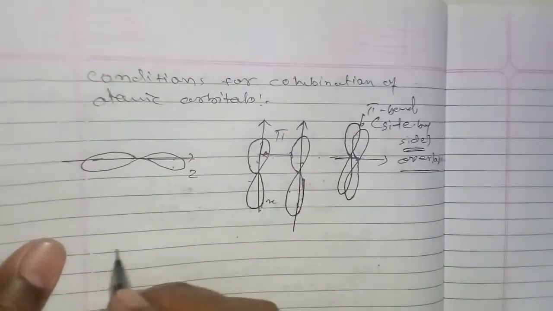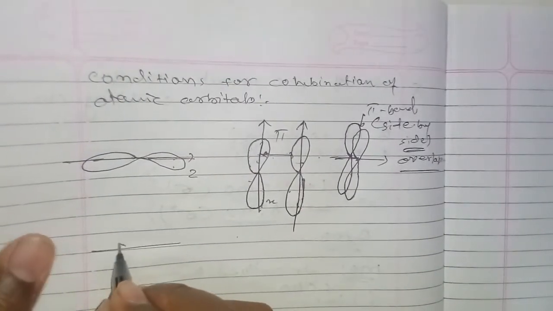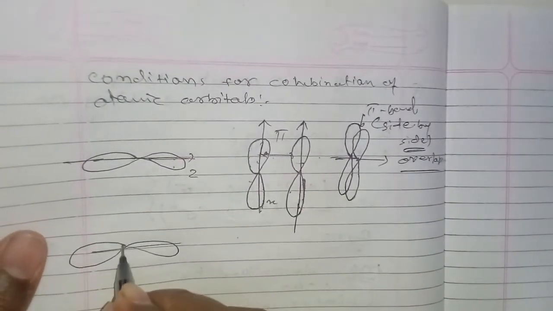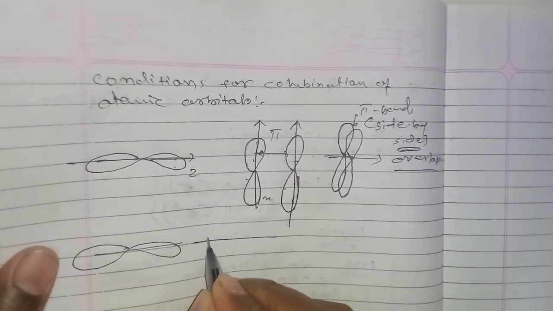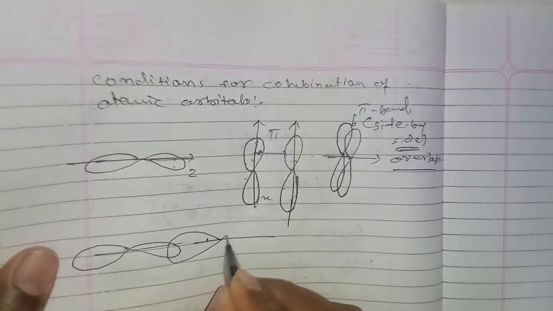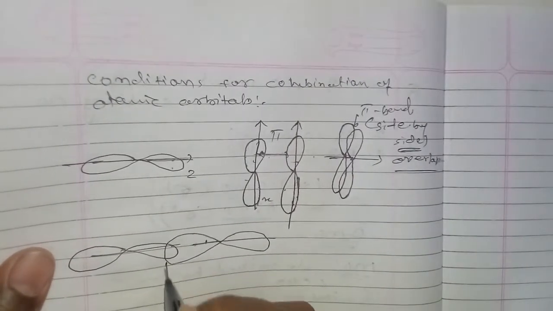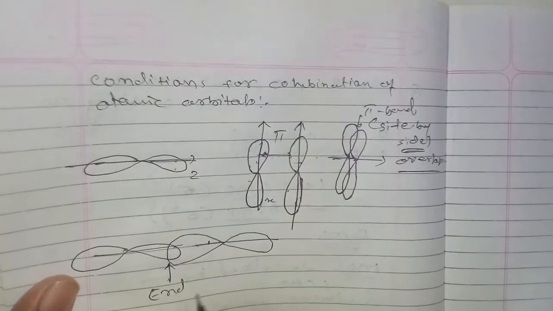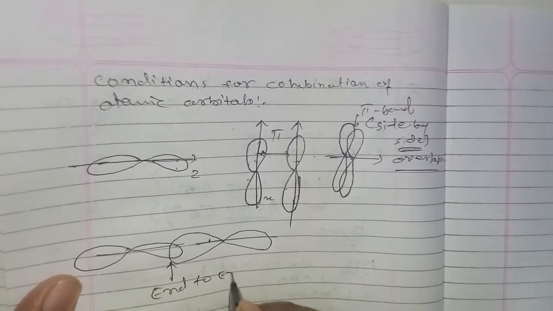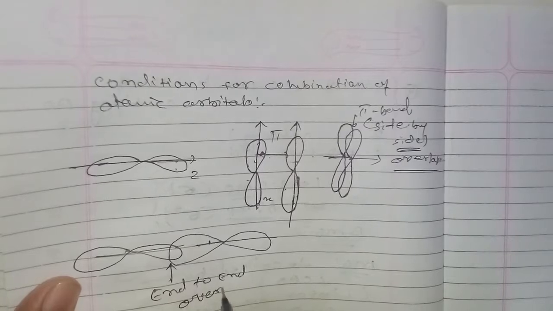Or suppose orbitals on the z axis, here the two orbitals combine end to end overlapping.